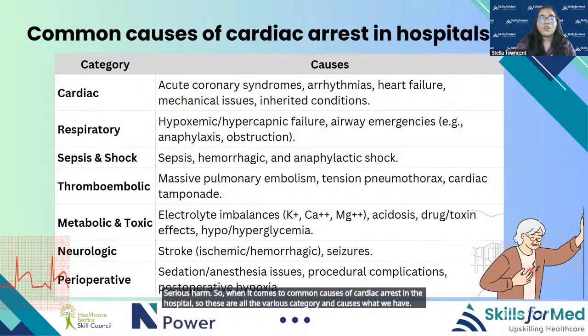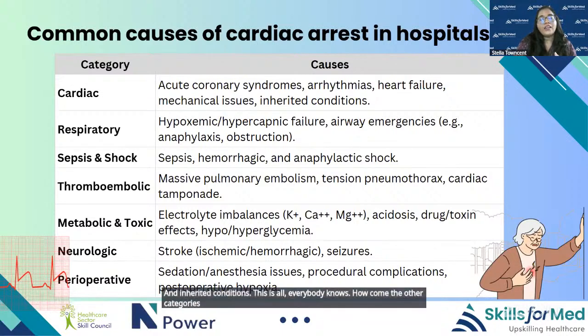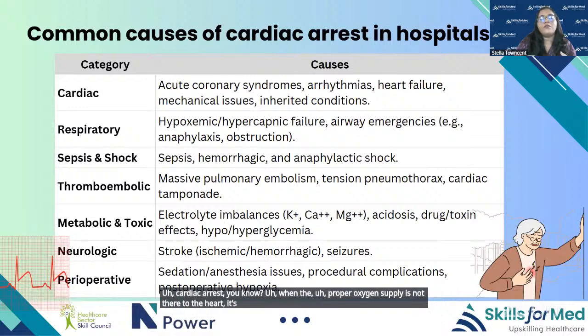The cardiac causes, obviously you all know, might be acute coronary syndrome, arrhythmias, heart failure, mechanical issues, and inherited conditions. This is all everybody knows. How about the other categories? When it comes to cardiac arrest, when the proper oxygen supply is not there to the heart, when the circulation is not supported by the body itself, then the cardiac arrest is going to happen.